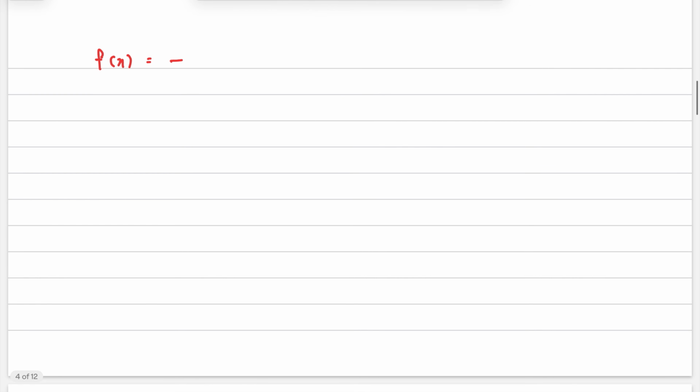Function x is equal to minus half, a constant function, which implies it is continuous at x is equal to 1 by 4 also. It is continuous.